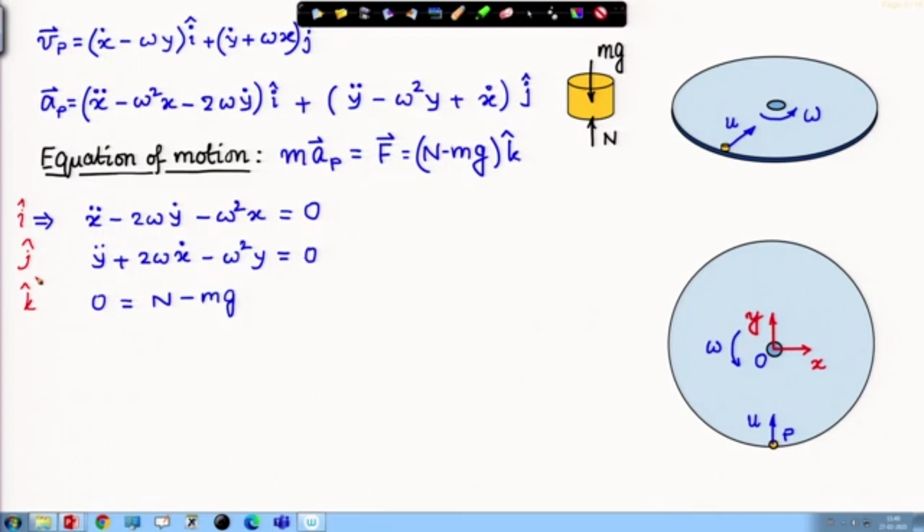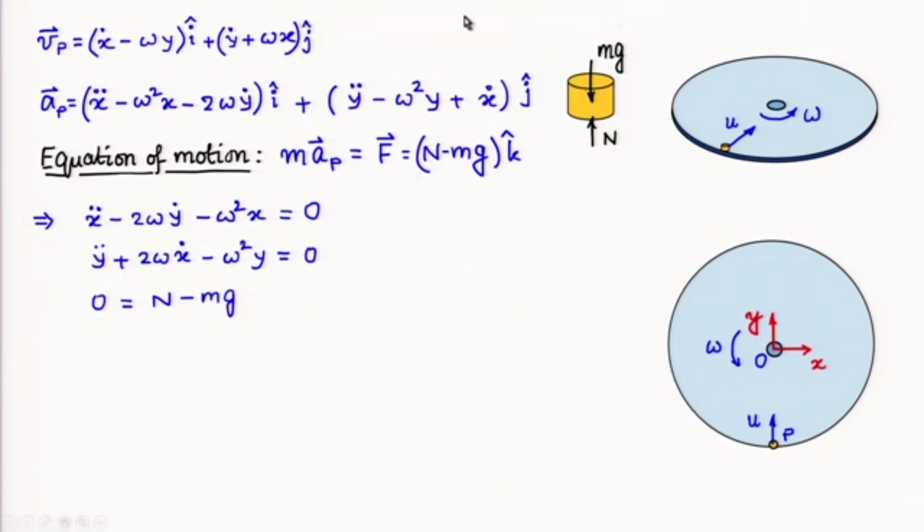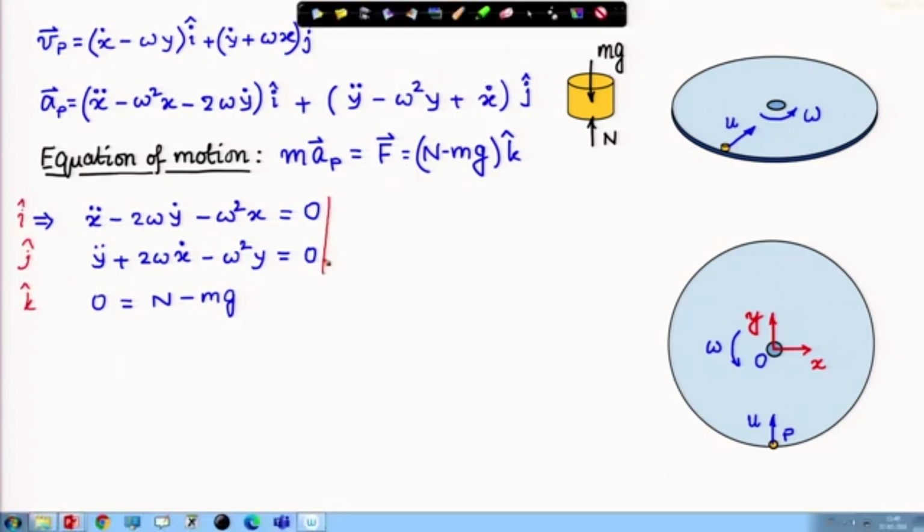Since there is no acceleration in the k cap direction, it is only balance of force, what it tells us is the normal reaction is equal to the weight. Now, we have these two dynamical equations, which will tell me how the particle is moving on the disc.